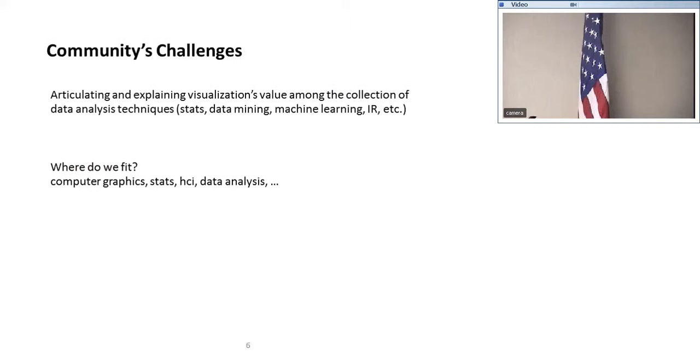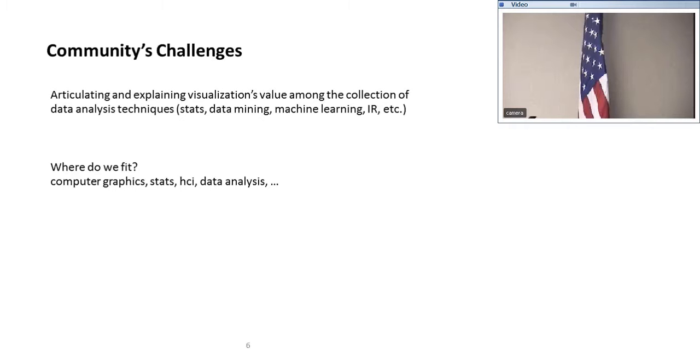That relates to, I think, bigger community challenge issues. And the first one, I resonate strongly with what Ben said earlier. We all are Viz believers, but I know a lot of people who don't really get it and struggle with why would you do that? And I think showing our place in this sea of data analysis techniques and what visualization uniquely provides is very important.